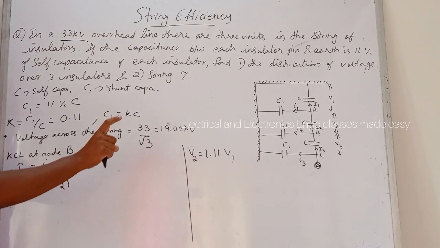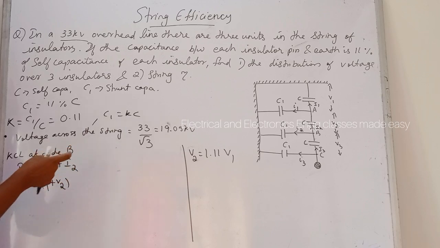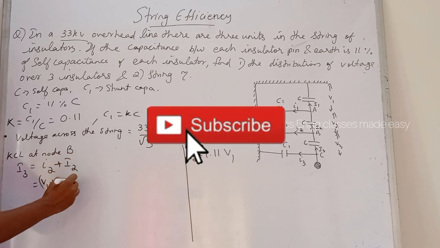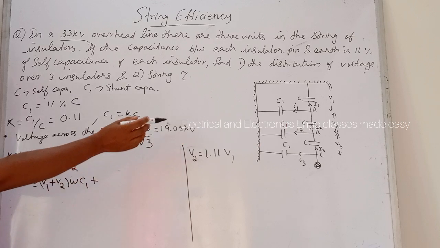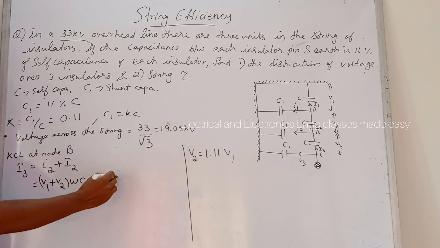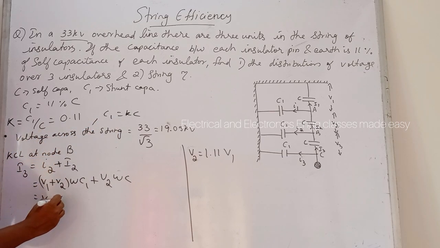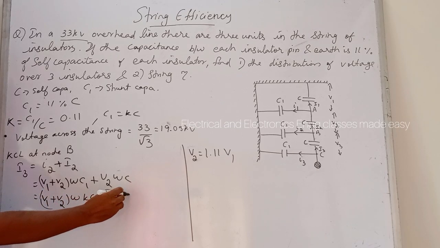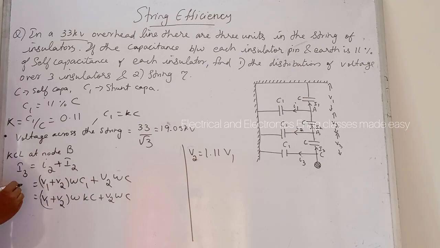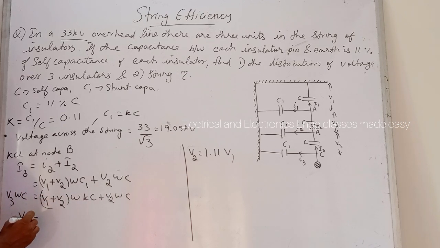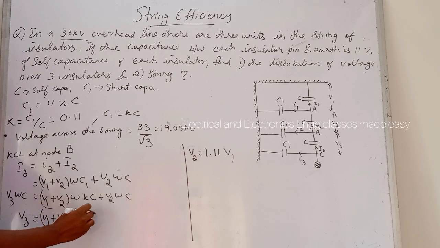So i2 is (V1 plus V2) into omega C1, that is omega KC, plus capital I2, which is V2 omega C. And I3 is equal to V3 omega C. So omega C gets cancelled and we get V3 is equal to (V1 plus V2) into K plus V2.